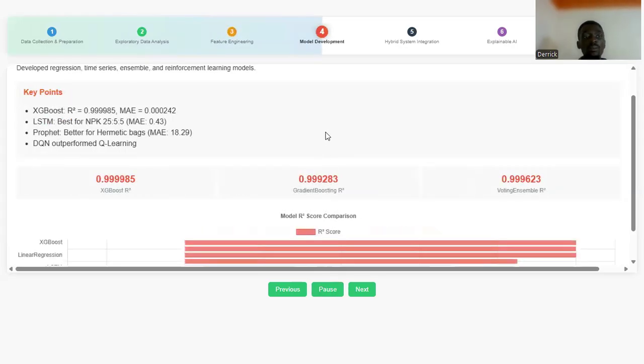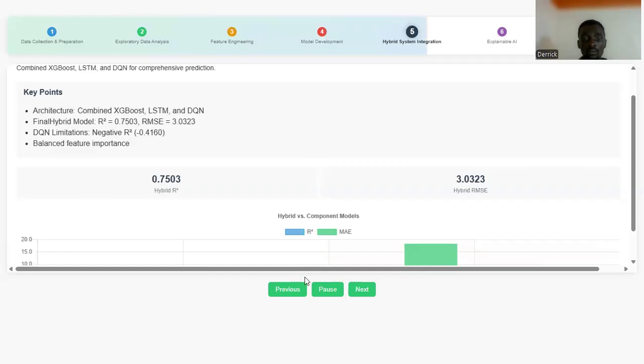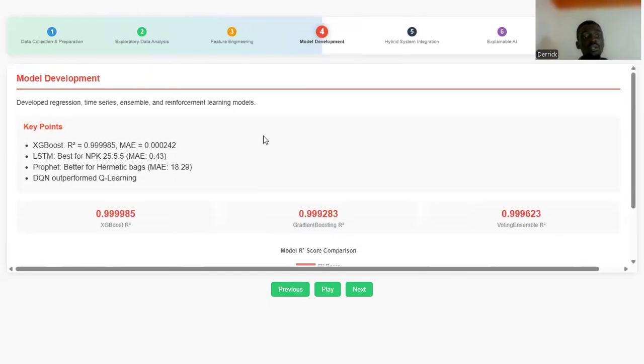Then the model development: several models were developed, which included the regression models, where we had linear regression, XGBoost and very many other models, which we'll see in our next screen.